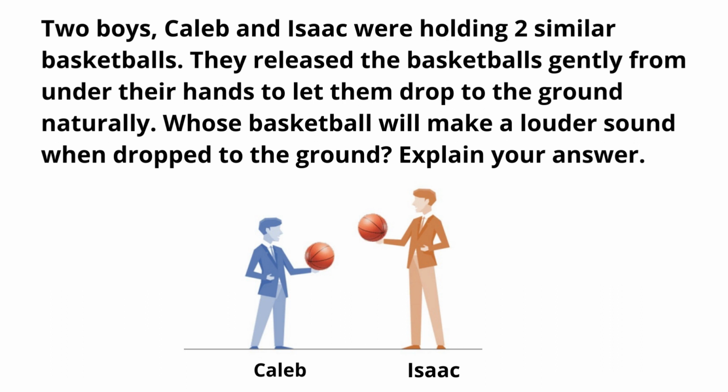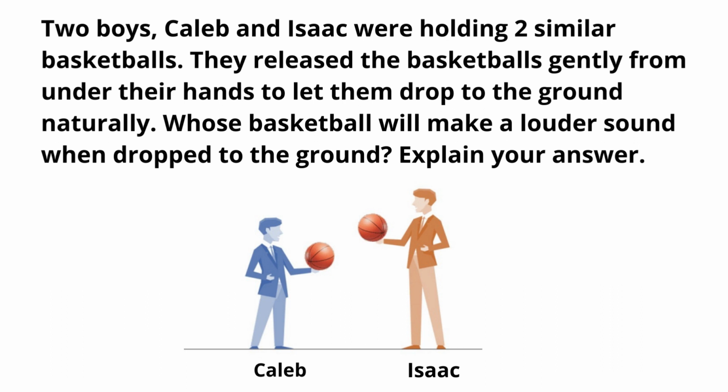Explain your answer. Now, at first glance, when we look at this question, some of us may think, oh, that's simple. If I just look at the two boys, what's the difference? There's only one change variable, because it's not the basketball; the question says the basketballs are similar.